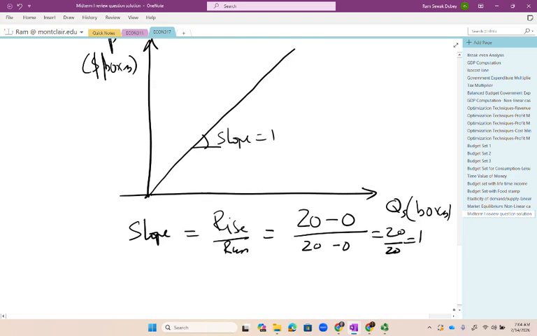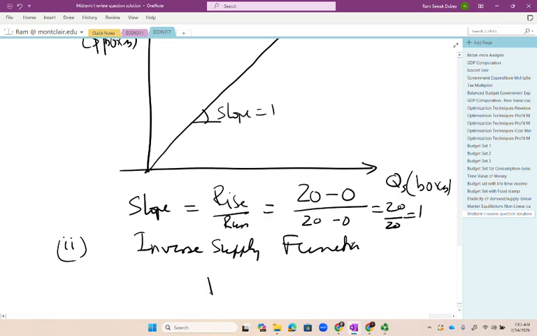This will be useful in our second part where we are asked to find out the expression for the inverse supply function. So for this, I will write price equal to the vertical intercept, which is 0, plus the slope, which is 1, times quantity supplied.